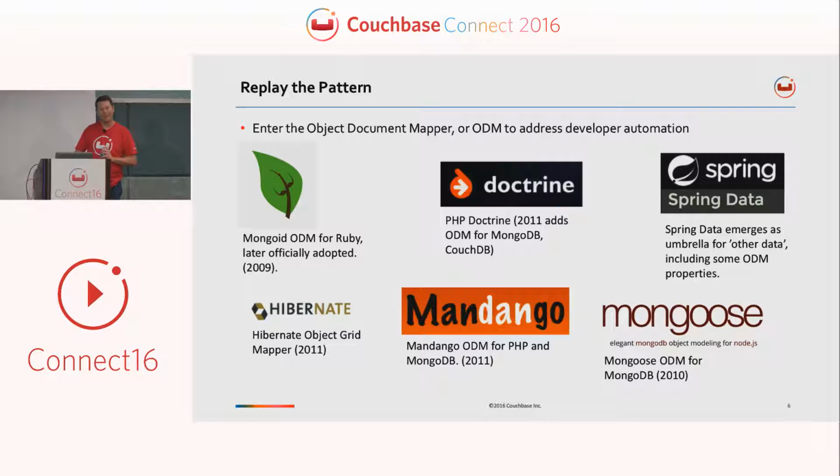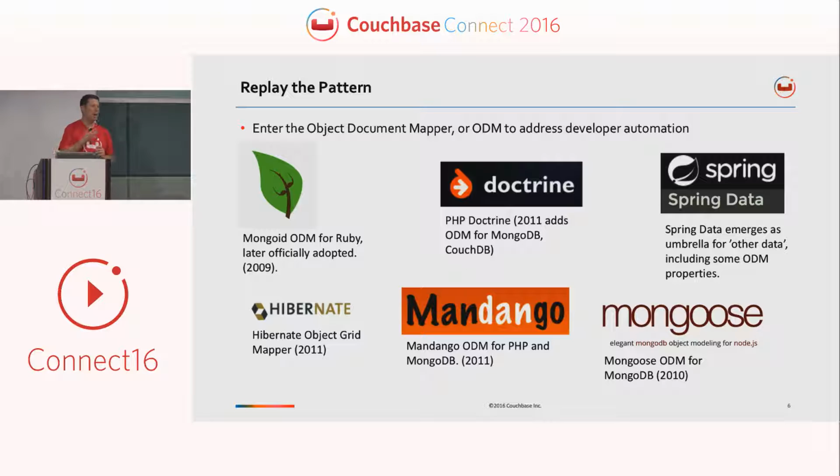That said, filling in that gap, what started to happen is that a number of projects that were ORMs started to take on ODM type capabilities, so object document mappers. In effect, we're replaying the pattern that we had previously with the ORMs now in this world of document databases.